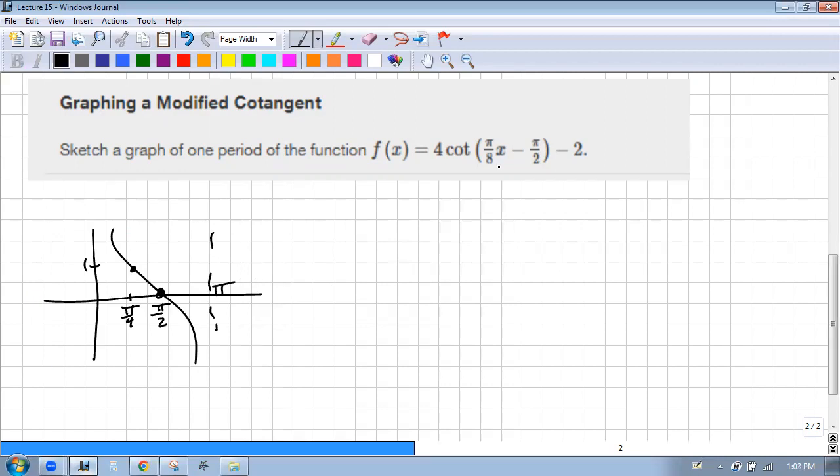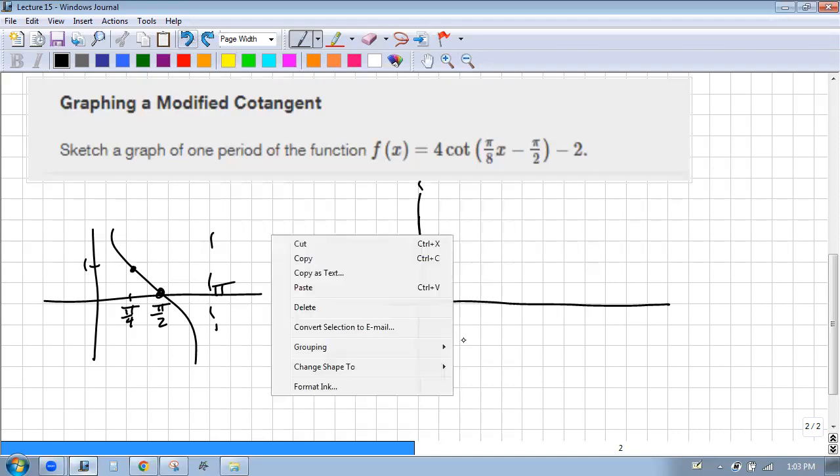Well, this guy, I don't want to just draw it like that, because we have a shift here. Let me make my lines a little straighter. I don't know if my vertical asymptote is going to be right here at 0 because there's a shift.